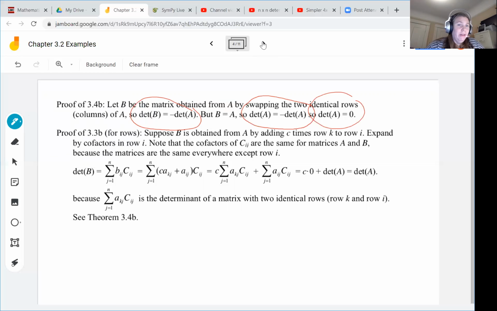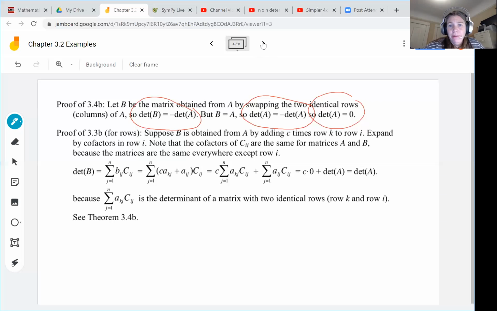Okay, we're going to look now at the proof of theorem 3.3b that says that if B is obtained from A by adding a multiple of one row of A to another row of A, then the determinants are still going to be equal. So suppose B is obtained from A by adding c times row k to row i.